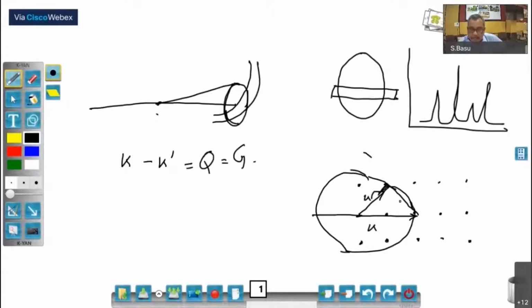Whenever the scattered beam intercepts the vector g, vectorially, if this is the incident vector k, this is the reflected one, let me just be a little cleaner.